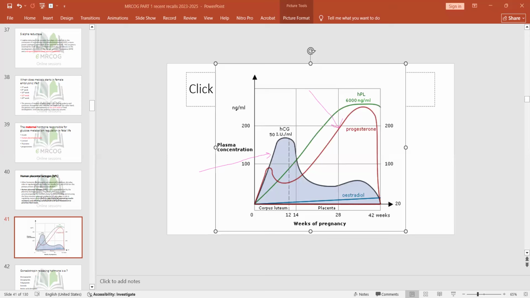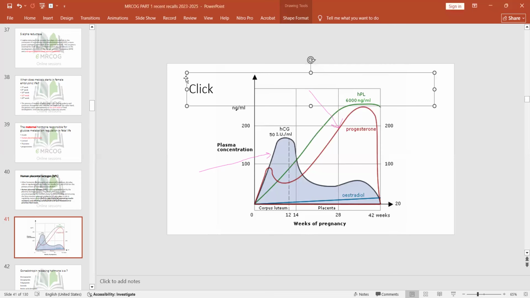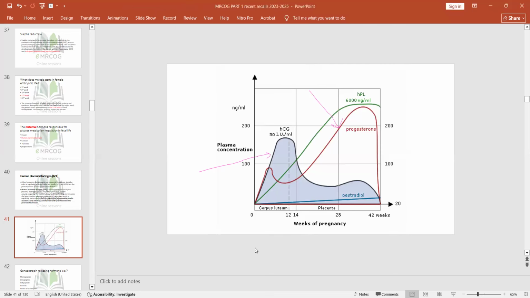Which reminds me of another exam question. What is the lifespan of the corpus luteum? The normal lifespan of the corpus luteum. This is also a recall.